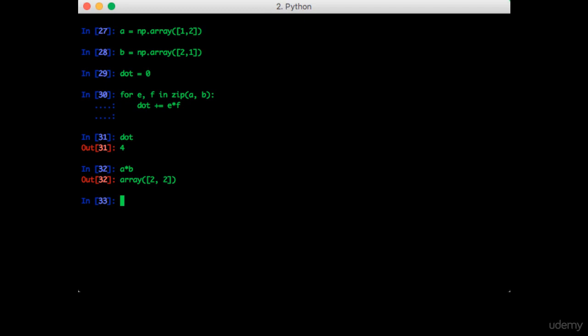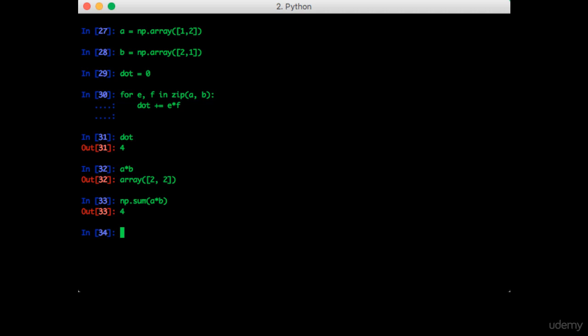This also means you can't do this with two arrays that are different sizes. Now all we need to do is sum everything together. Luckily, NumPy has a sum function that allows us to do just that. So we call np.sum, and we pass in A times B. So that gives us the expected result.